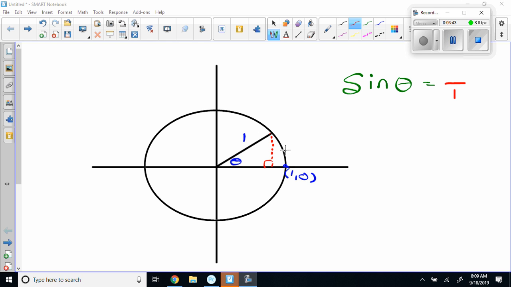Okay, so what is the opposite? What is this side right here? It is some y value, right? Because it's height, and y's are measured in height, right? Some y value. So, fair enough? So basically the sine of theta is equal to, guess who? Y.